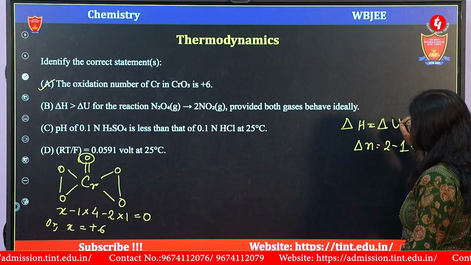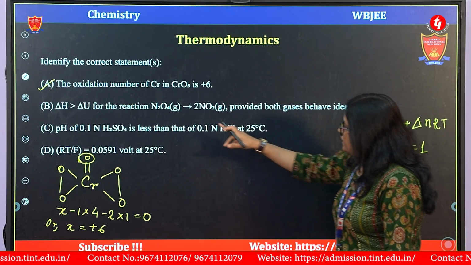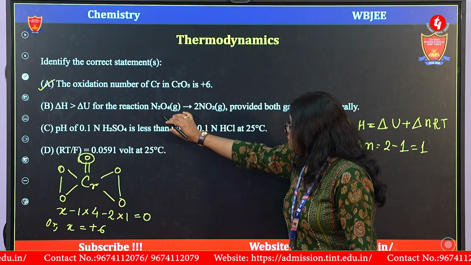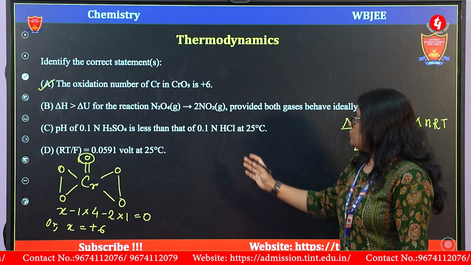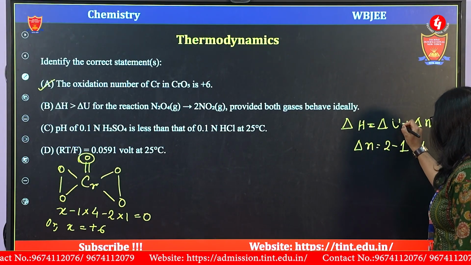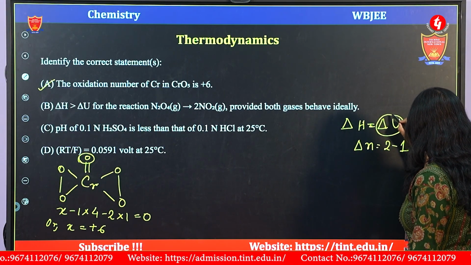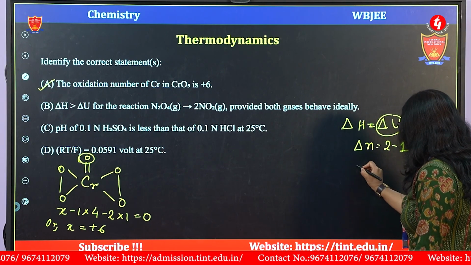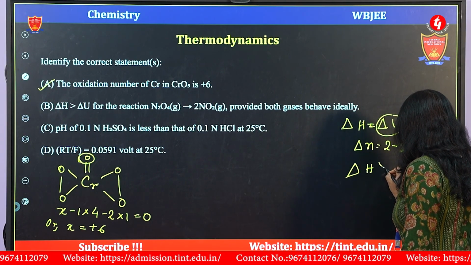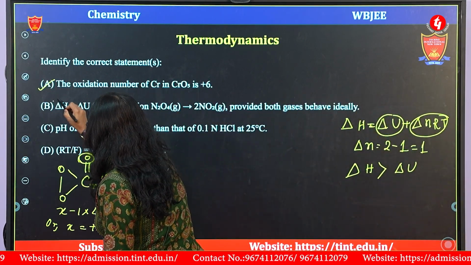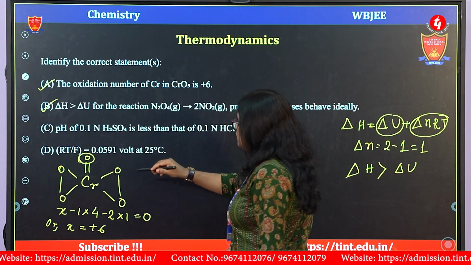Delta U is positive here because N2O4 breaks into NO2, and to break the bond it needs energy. So delta U is positive, and this part is also positive. So, you can see delta H here is greater than delta U. This is also a true statement.